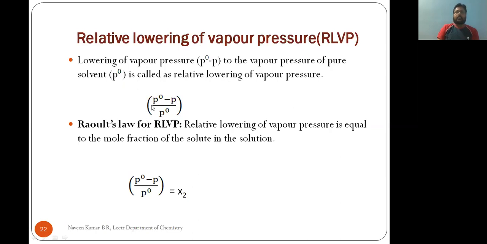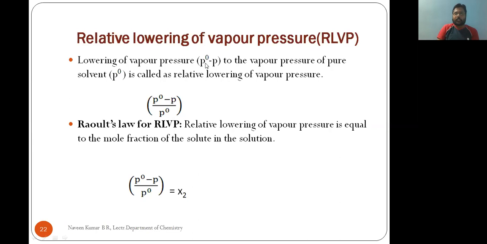That is, the lowering of vapor pressure relative to the vapor pressure of the liquid in its pure form is called relative lowering of vapor pressure. So this ratio does not depend on the nature of the solute, but depends on the number of solute particles.